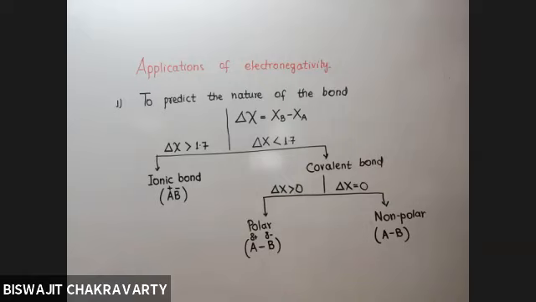I have given only when it is greater than or less than. So always remember, if it is exactly equal to 1.7, it will have 50% ionic character and 50% covalent character. Okay, sir.